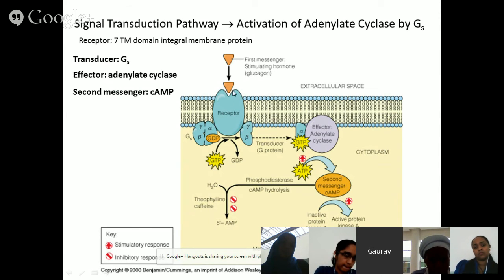On the receptor, there is a binding site where the messengers bind. Along with this, alpha, beta, gamma subunits are present. These are called G protein subunits, and they are present in an inactive form, with a GDP molecule attached to the subunits.